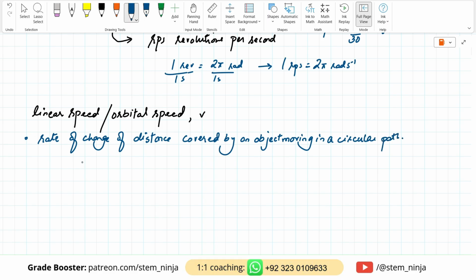Since it is the rate of change of distance, we know that this is going to be change in distance over change in time.